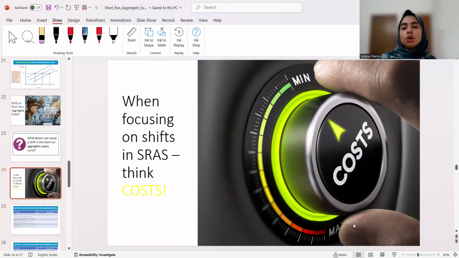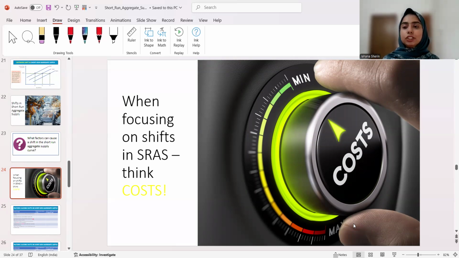The first one is cost of production. For any business or production unit, if their cost of production increases, of course their supply will reduce. If their cost of production is less, for example when the government is giving a subsidy, then a portion of their cost is borne by the government.